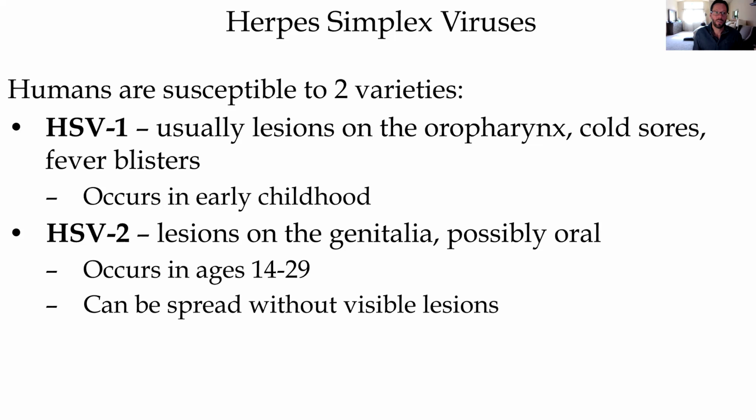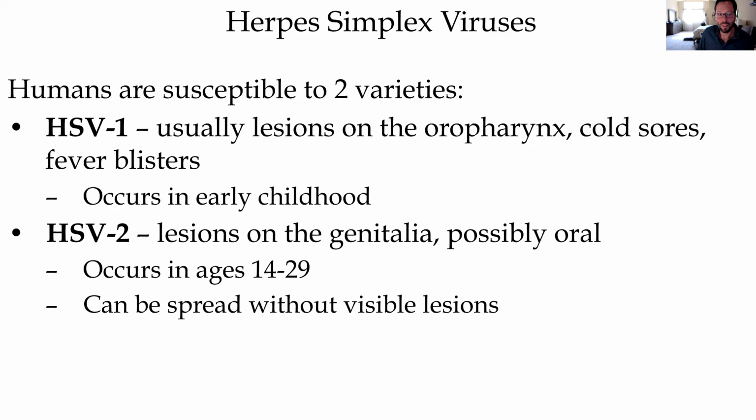As I said, HSV1 is going to be like cold sores, fever blisters. Oftentimes, children get HSV1. HSV2 is going to be the genital lesions and sometimes oral lesions, and that's usually later on in life between ages of 15 to 30, because that's when people start becoming sexually active, and that's when that can spread.